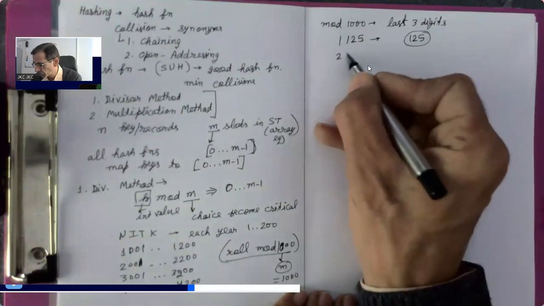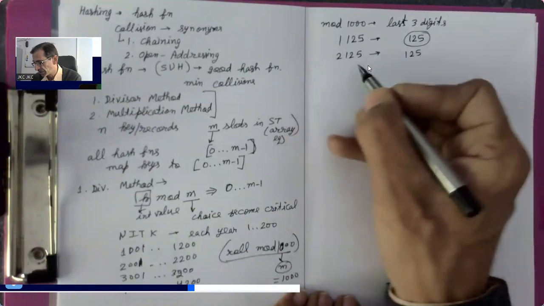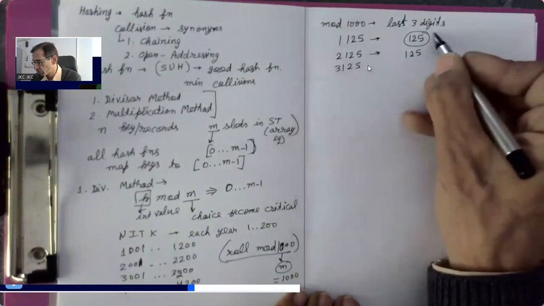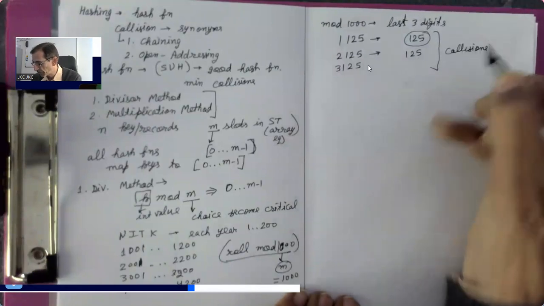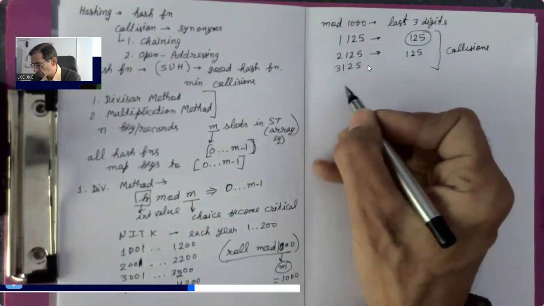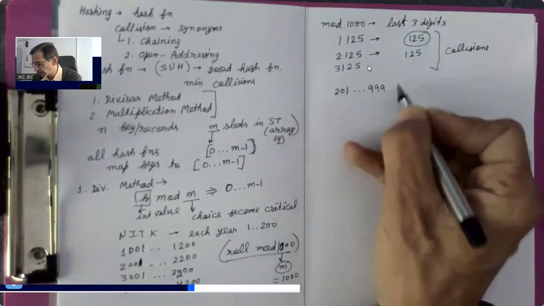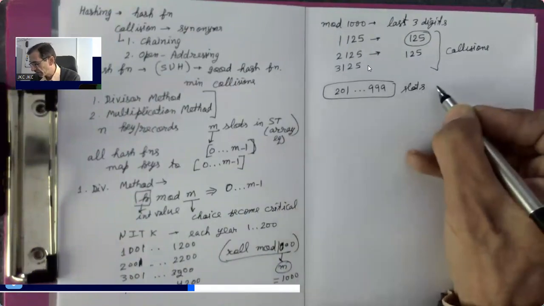And a student with roll number 2125 will also give 125, similarly 3125, and so on. So collisions are going to happen. Also, the range of 201 to 999 will never get a value.